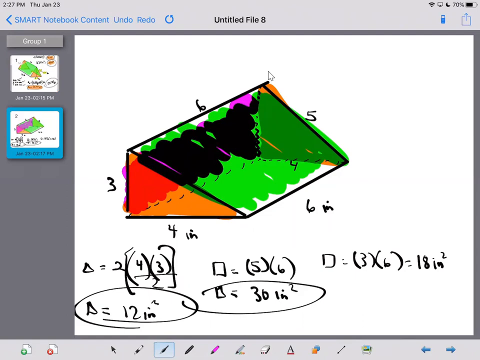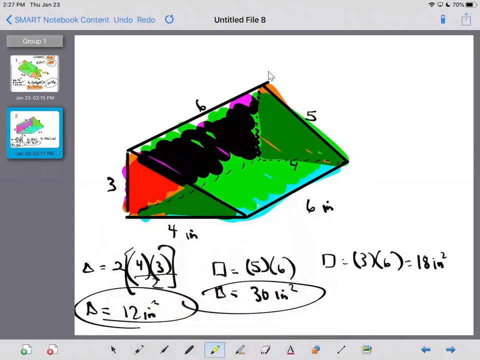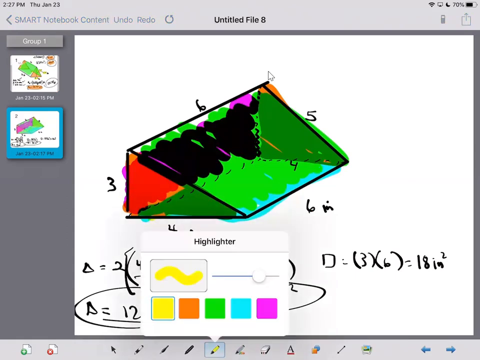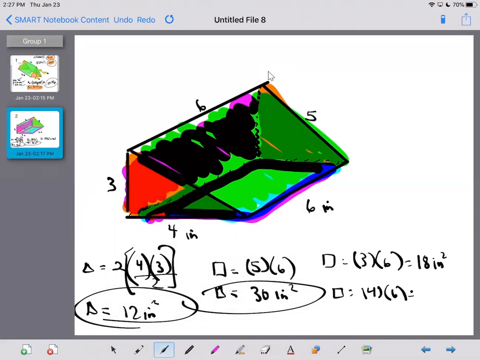And then I have the base, which I'm going to do in a different color. The base would be this piece right there. That's going to be a 4 by 6, another rectangle, which would be 24 square inches.